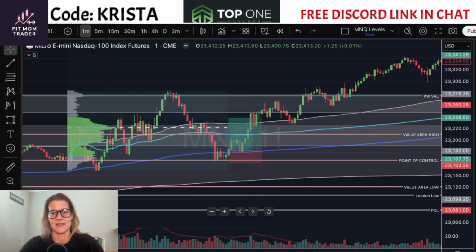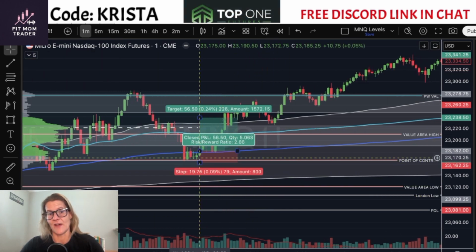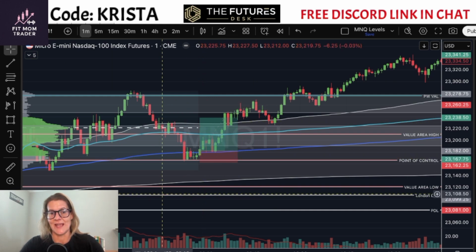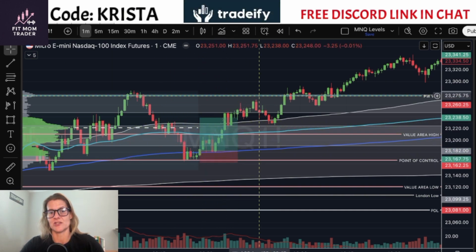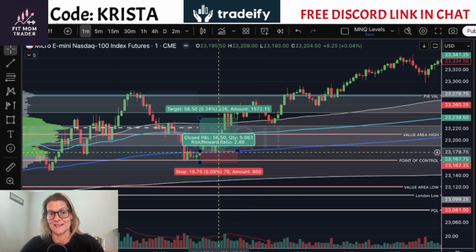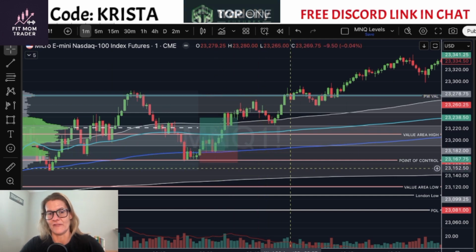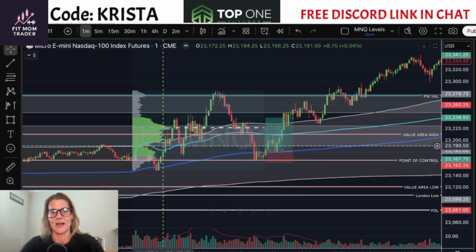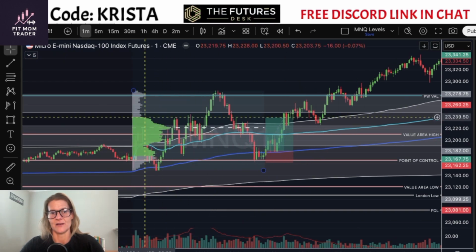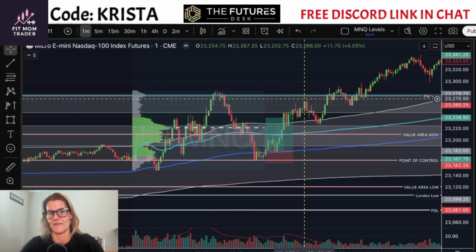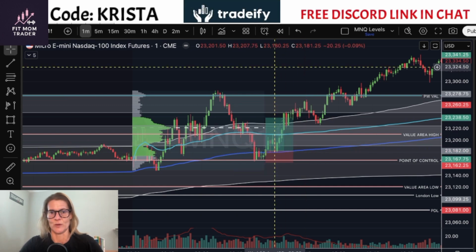Then you can see, I added 5 contracts, 5 MNQ at that point. As we came back down and retouched VWAP and had this strong buy up off of it on the 1 minute, I added a couple more contracts and I rode it up to value area high, which was my ultimate target, and full TP was hit for 56 points.